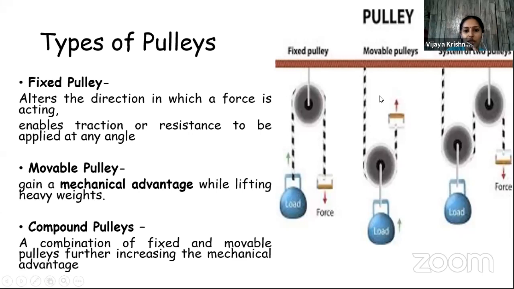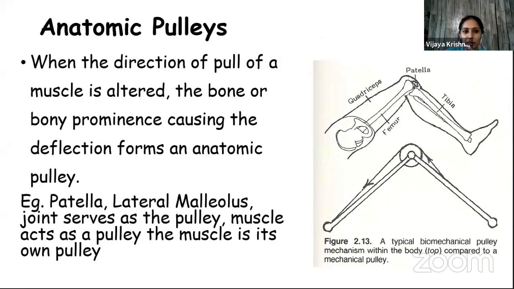Now, how is this connected to the human body? When you have pulley systems functioning in the human body, these are known as anatomical pulleys. These change the direction of muscle force. The bone or bony prominence that is causing the deflection, acting as a groove, is known as the anatomic pulley.